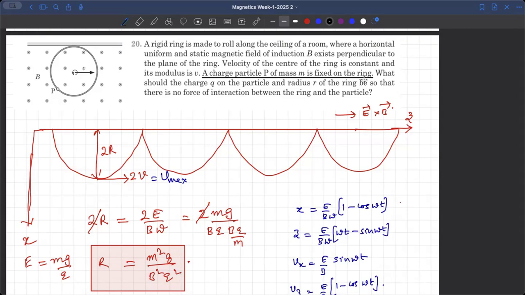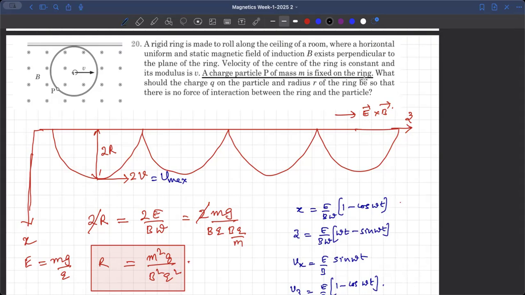It is possible if the charge follows a cycloid path. If the charge is following a cycloid path, there is no interaction between the ring and the particle. Because even if you leave a charge at the origin, it follows the same path. So whether the ring rolls or not, if mud sticks, it will leave at some point.